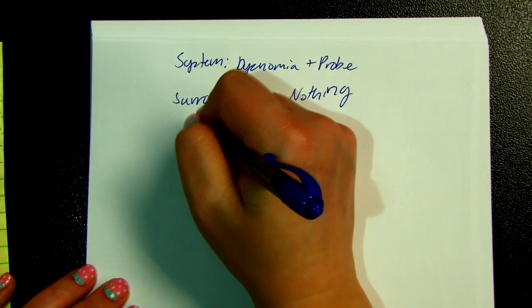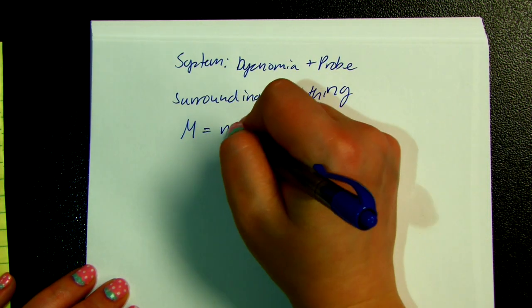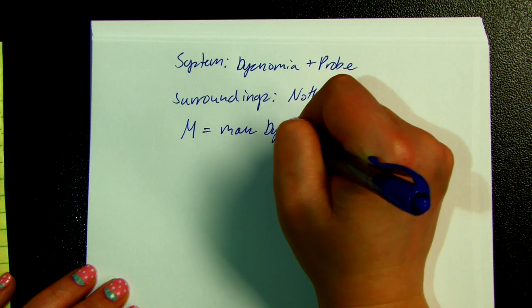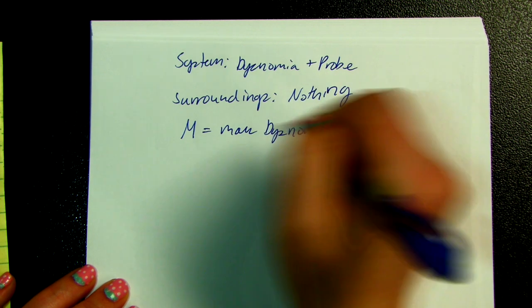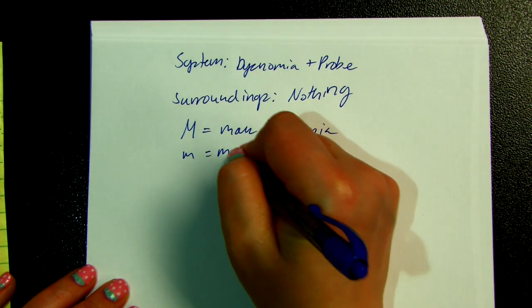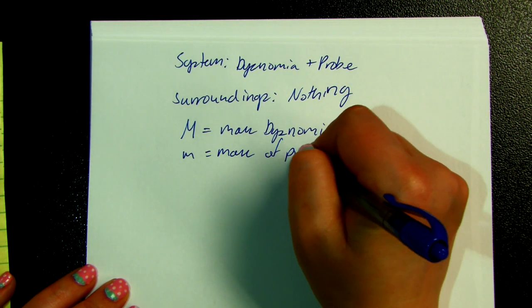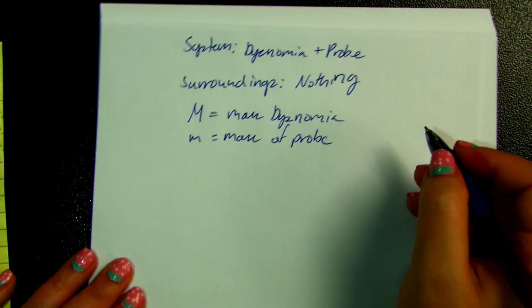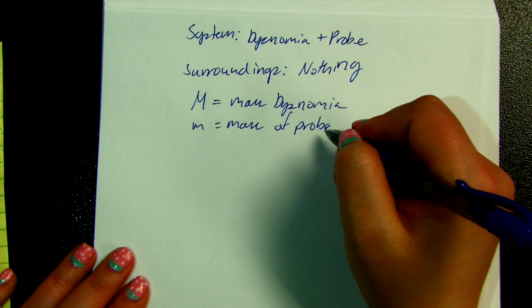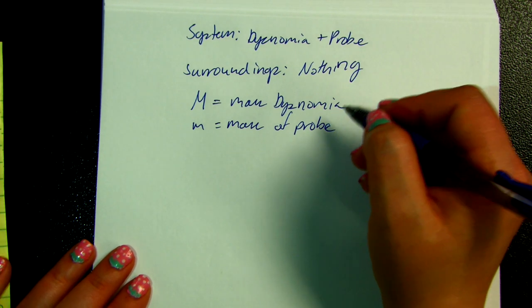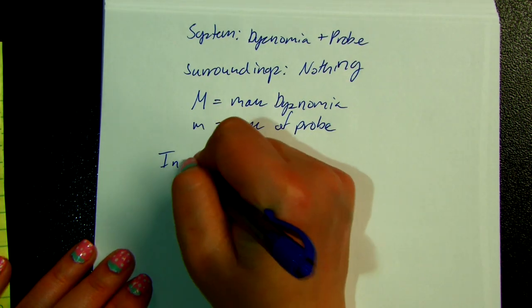All right, so we're going to use capital M. That's going to be the mass of Dysnomia, just to keep things easier. And little m is going to be the mass of the probe. You can always use your own notation as long as you tell me what it is. Please try to use notation that makes sense.